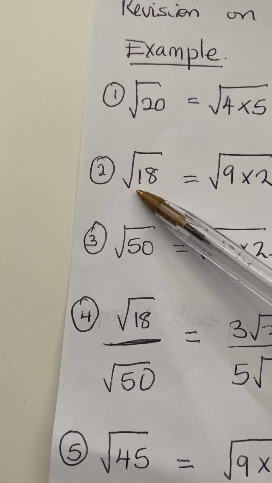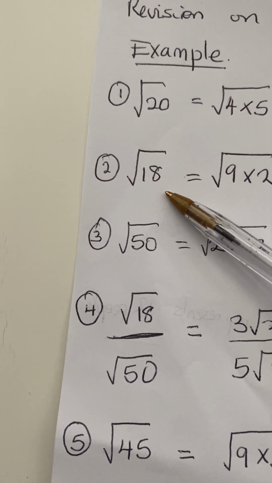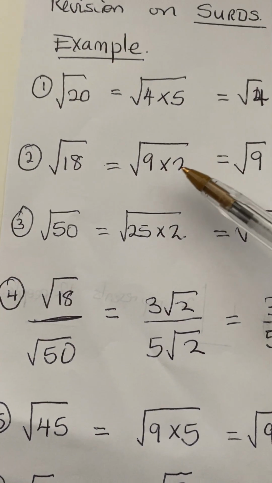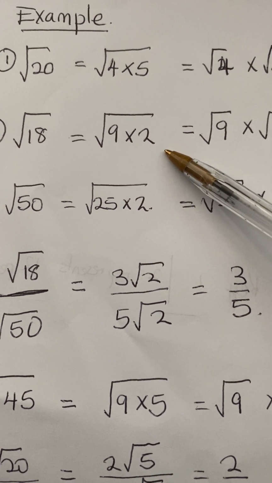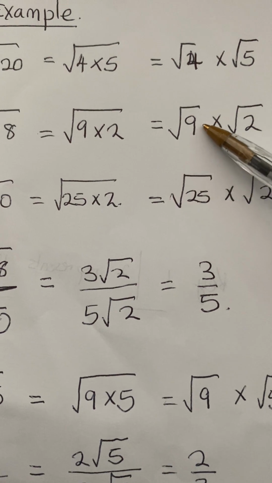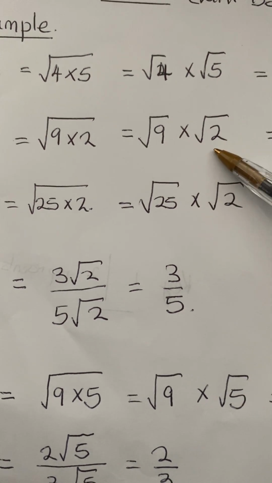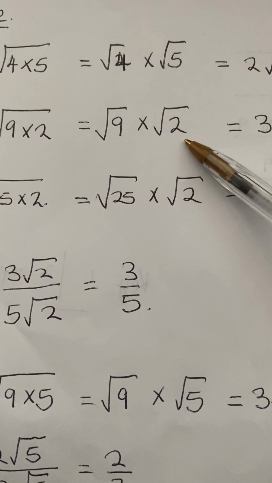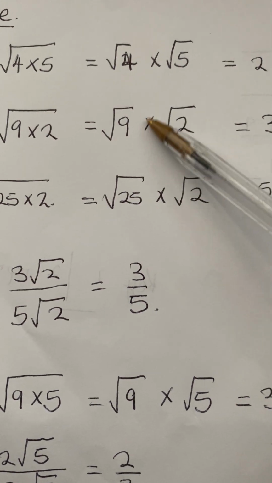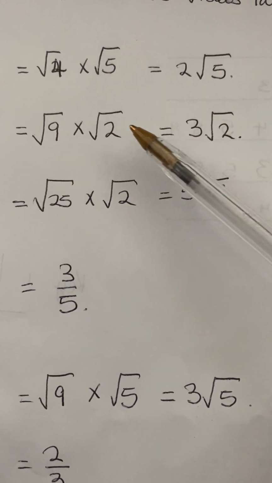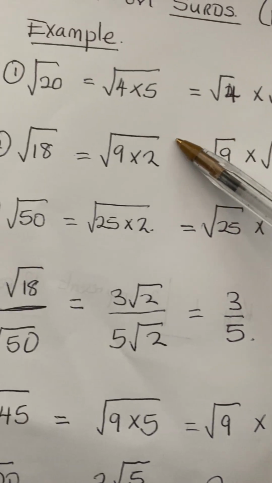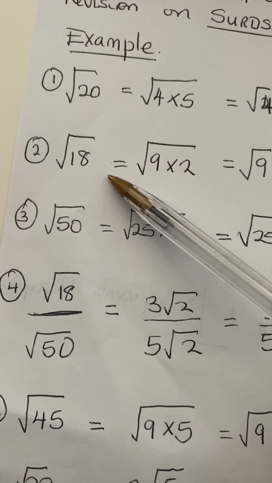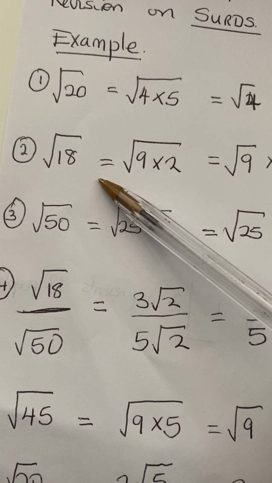The second one, the root of 18. If you break it down, you get 9 times 2, so you have the root of 9 and the root of 2. The root of 9 is 3, so you get 3 root 2. The reverse is also true.